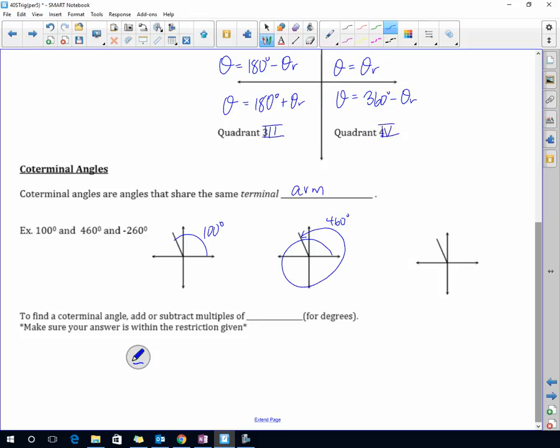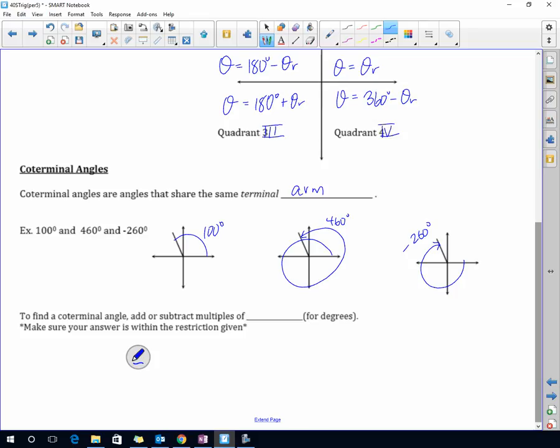Okay, notice they all land in the same spot. That's the significance of coterminal angles. So for instance, cos of 100 degrees would be exactly the same as cos of 460 degrees. It would also be the same as cos of negative 260 degrees. So how would I actually find my coterminal angles?